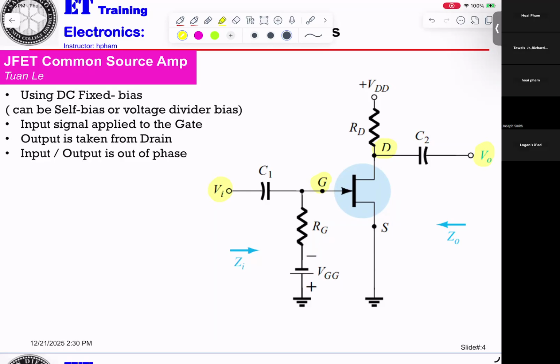Now, we already went through the basic DC. How many DC biases for JFET?